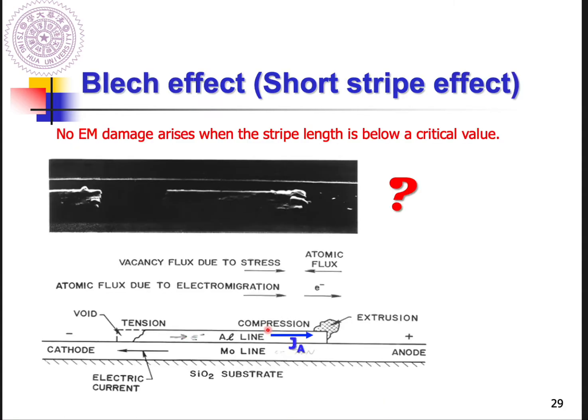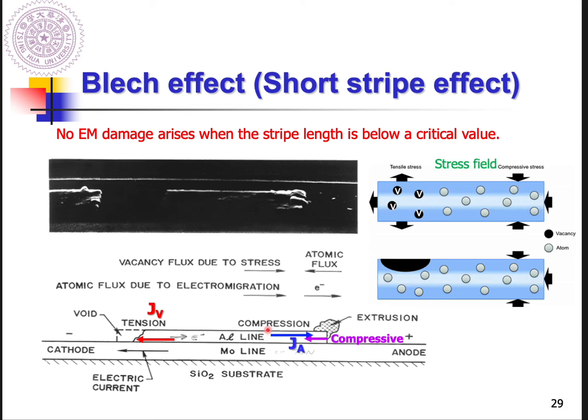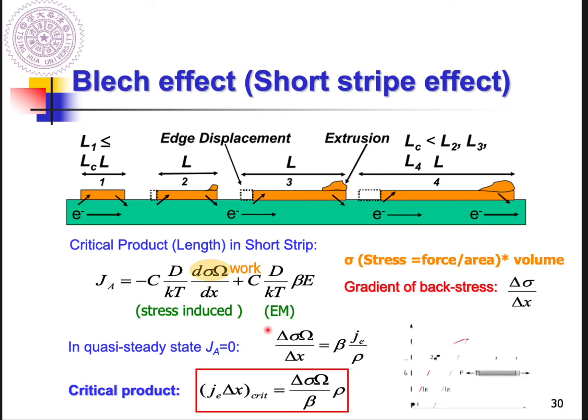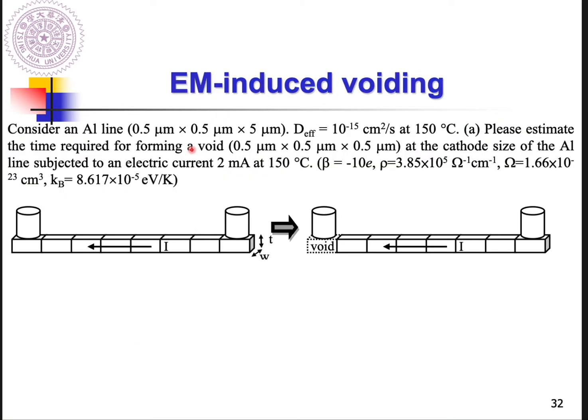The majority effect is the Black effect, or extrusion or void formation. This is EM damage, and besides the EM damage, the extrusion and void formation at the high current density region, at some low current density region we can also find some void formation.